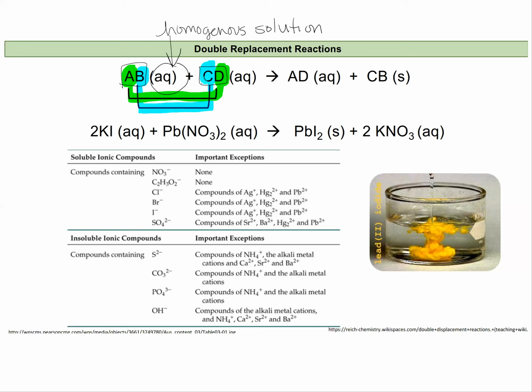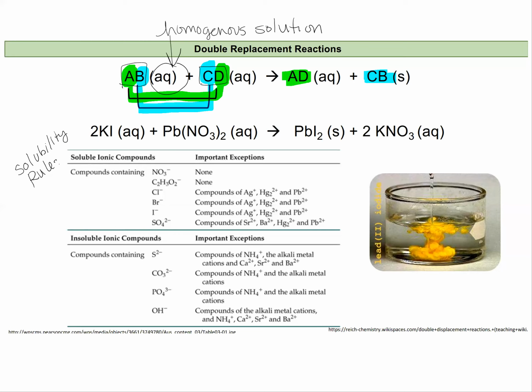And that would give me B and C combined or A and D combined. And to find out if either of these would be a solid or if they would continue to be aqueous in solution, I would rely on a solubility table or solubility chart.